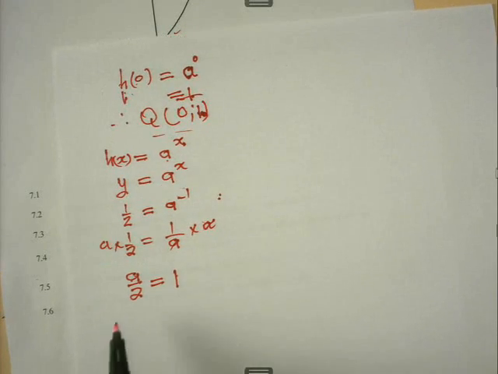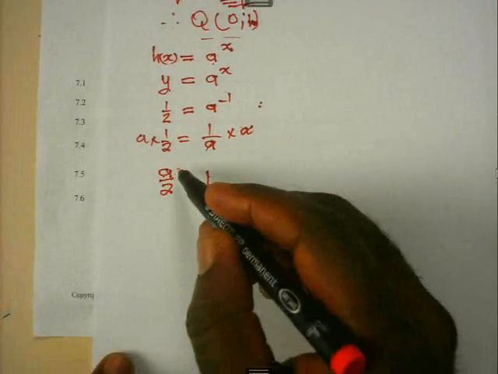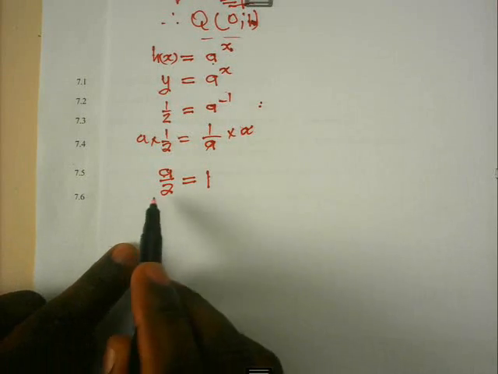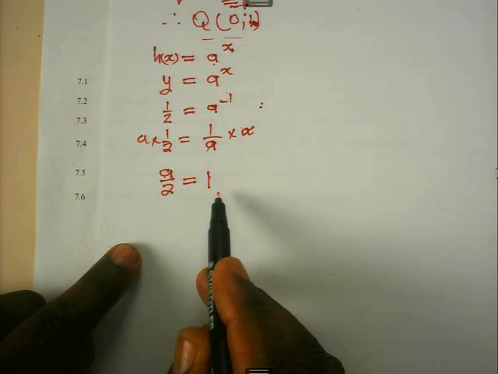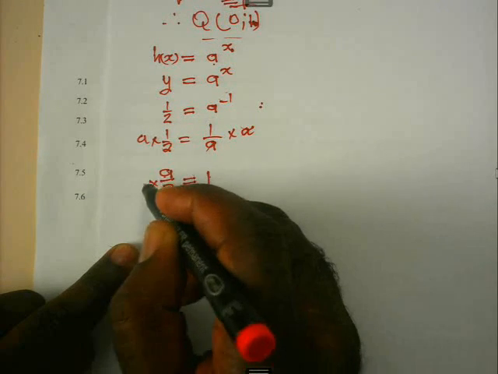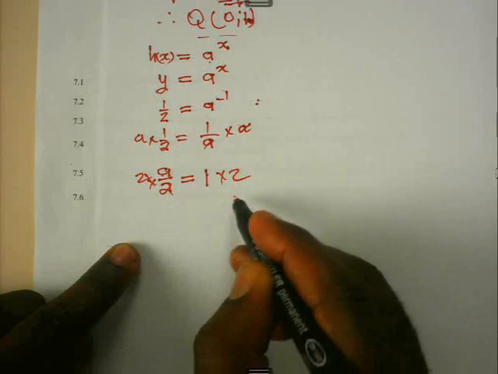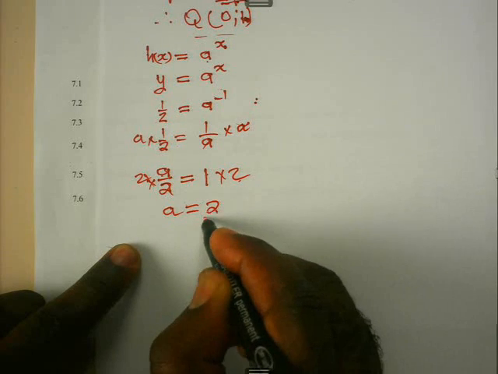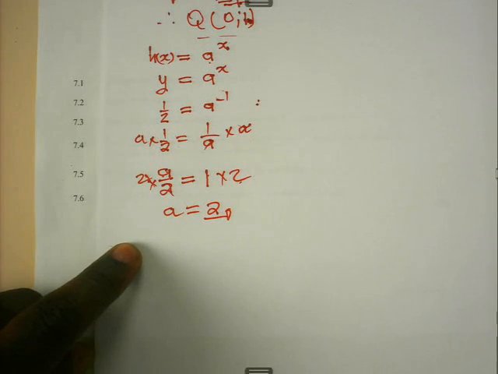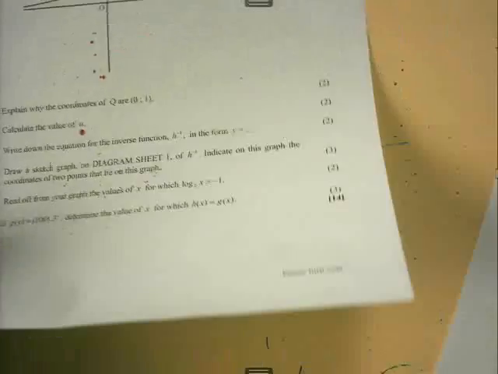But I want to solve for a, so let me get rid of these 2. The only way of getting rid of these 2 is to multiply everything by 2, that is both sides. These 2 will cancel, therefore 1 multiplied by 2 is 2, and hence a is equal to 2. Fine, that was the answer for 7.2.